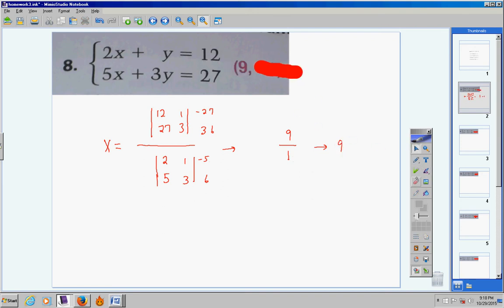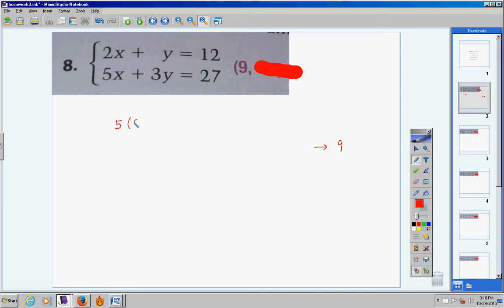There we go. And now to find your y, you are more than welcome to just substitute that into the equation. So 5 times 9 plus 3y equals 27. 5 times 9 is 45.